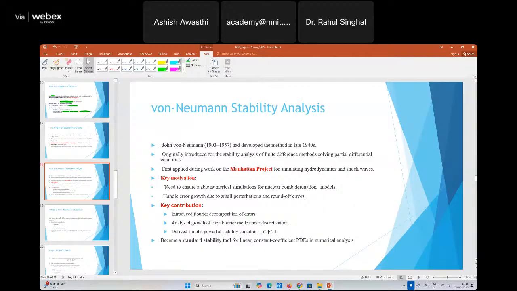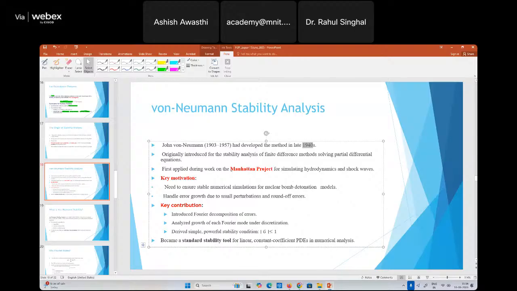So, John von Neumann. Mostly people pronounce this V as an F, so they say John von Neumann. 1903 to 1957, he developed this method, von Neumann stability analysis, in 1940. I'm telling you this so that you will feel more connected.